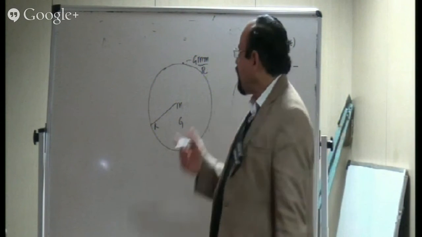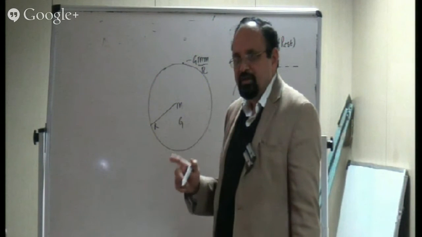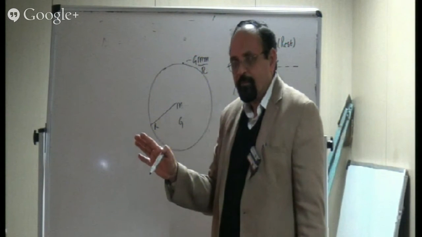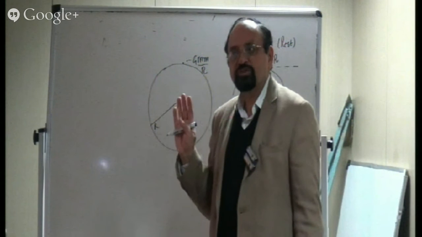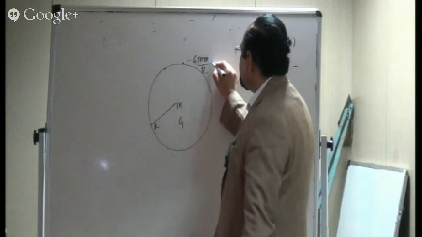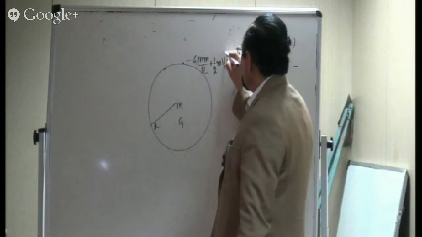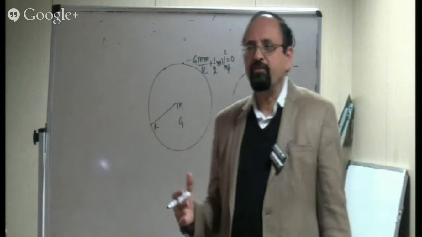What if I add the same amount of energy but with a positive sign? See, kinetic energy is always with a positive sign. Potential energy can be negative, but kinetic energy is always positive. I add to this some kinetic energy such that the total becomes zero, which is neither negative nor positive.